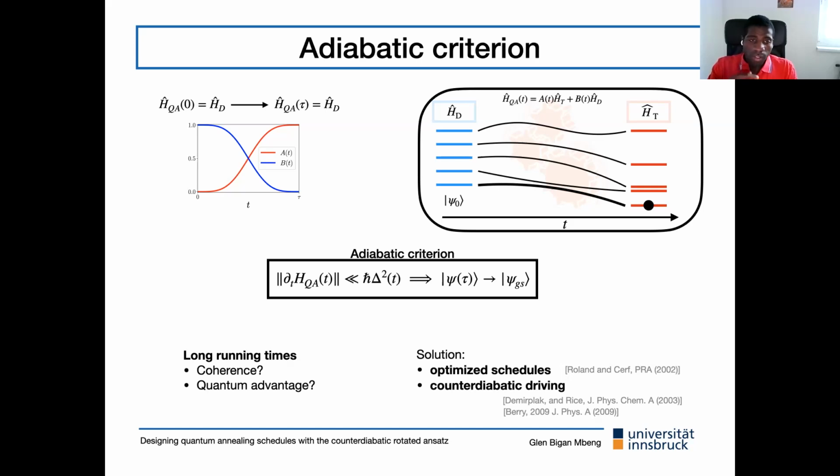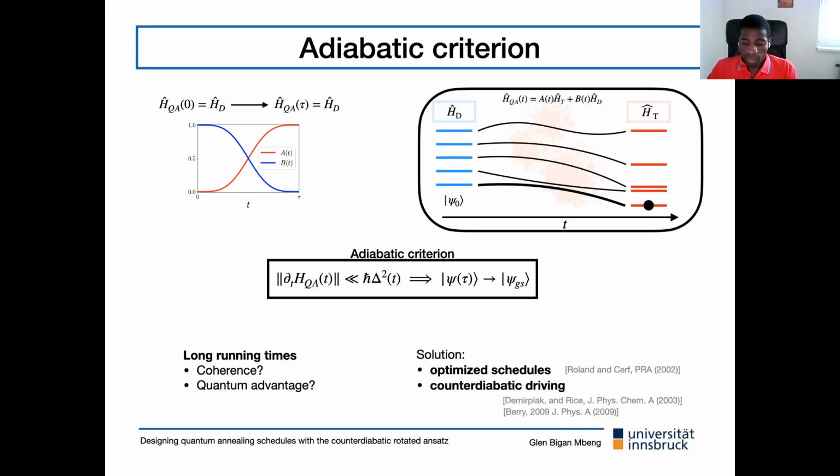As I said, the adiabatic condition doesn't say much about the particular shape of the schedule, but Roland and Cerf, for example, show that it's possible to further optimize the schedule, imposing the adiabatic condition locally, for example, but there are other techniques, in such a way that the final result is obtained in a shorter time. And this is a great advantage for the reason we mentioned before.